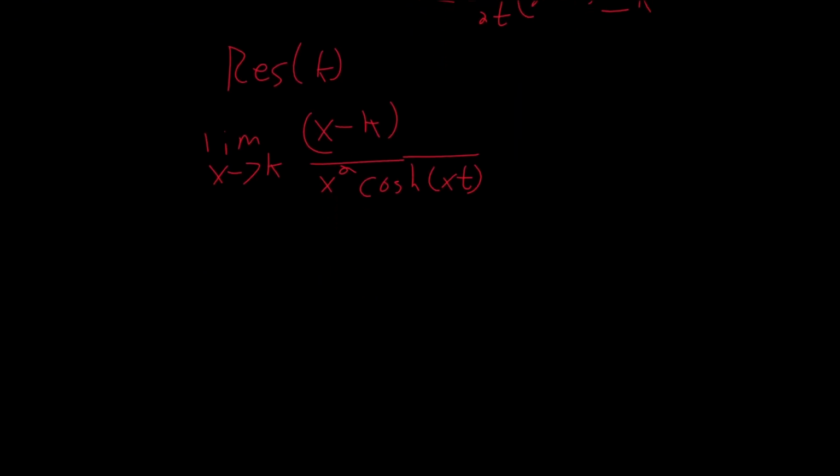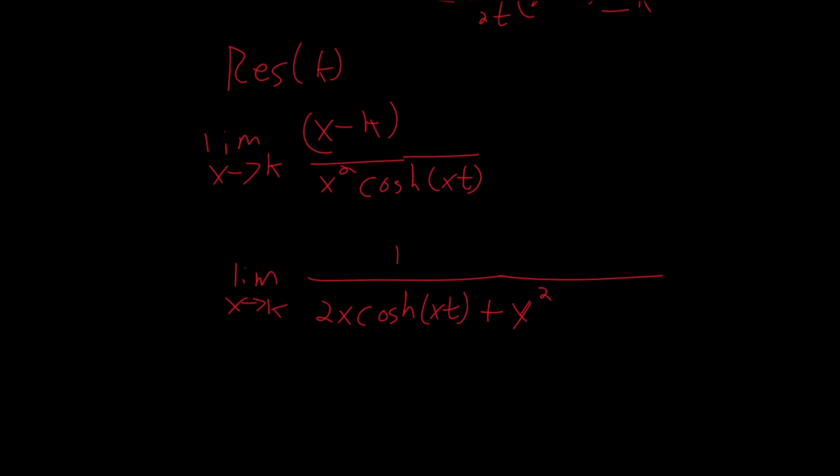Differentiate the top and bottom, and we get 1 over, applying the chain rule at the bottom, still a limit as x approaches k, 2x times hyperbolic cosine of xt, plus x squared times the derivative of hyperbolic cosine with respect to x, so we have an extra t and make this a hyperbolic sine.